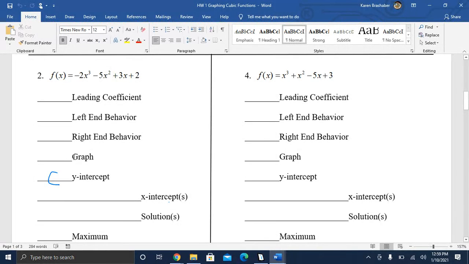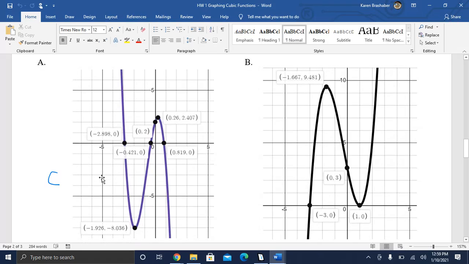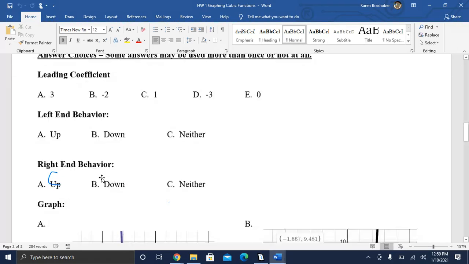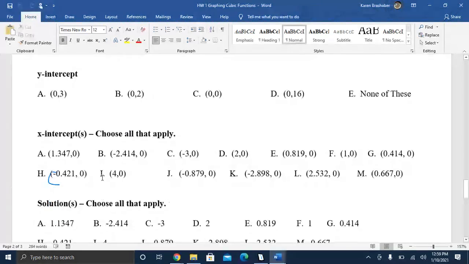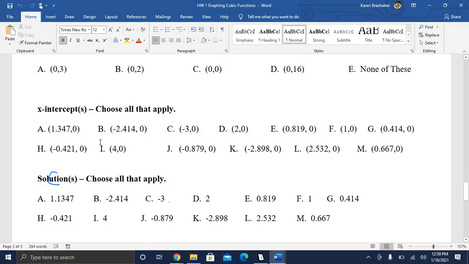So again, you put the letter, whatever graph goes with it, and then you'll have your y-intercept. And so whatever graph you chose, you've got a list of different values of y-intercepts. So you can see these. For your x-intercepts, you've got a list of x-intercepts. You'll probably be choosing more than one.